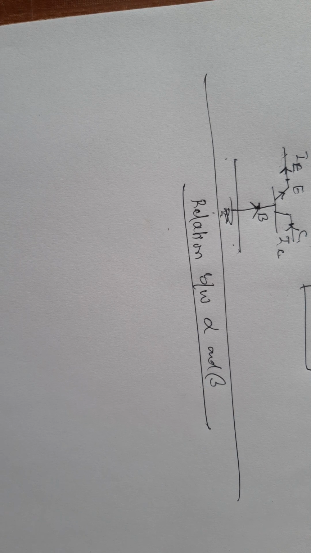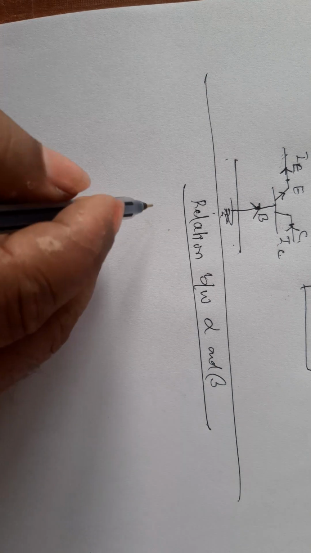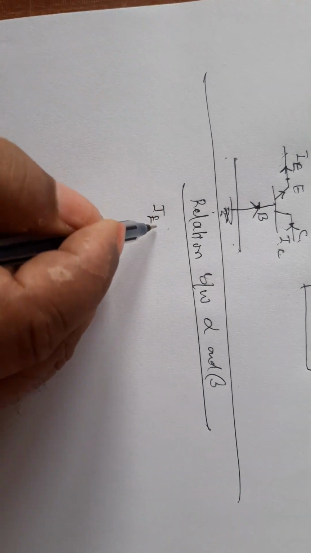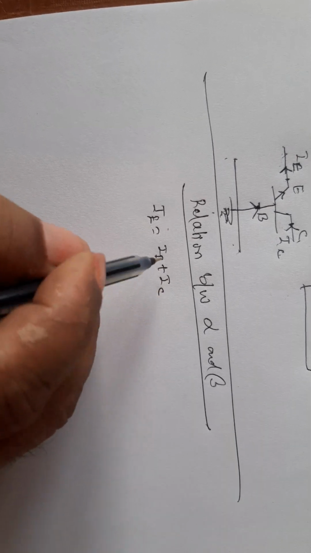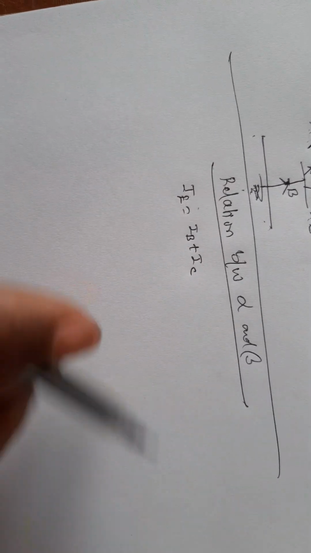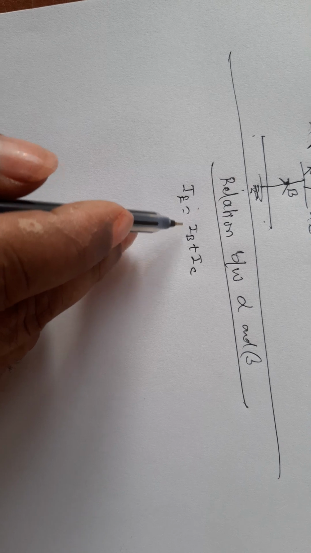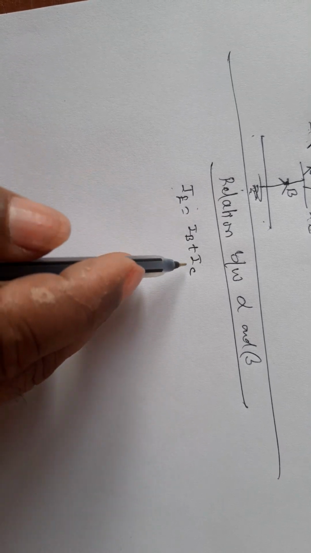But the base current is only 5% of the emitter current, and 95% of the emitter current goes to the collector. Therefore, the emitter current IE is equal to the sum of the base current plus the collector current, in which IB is very small. Therefore, IE is almost equal to IC.